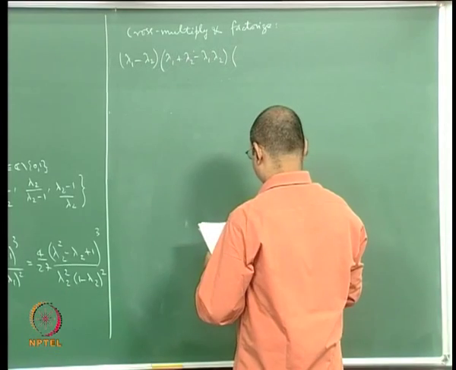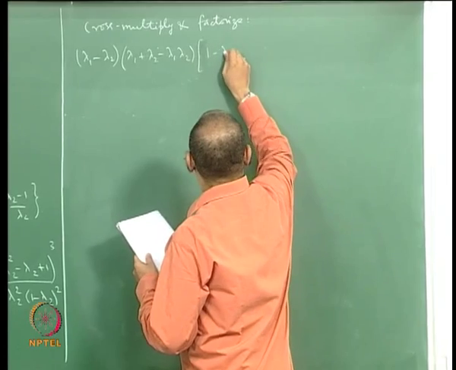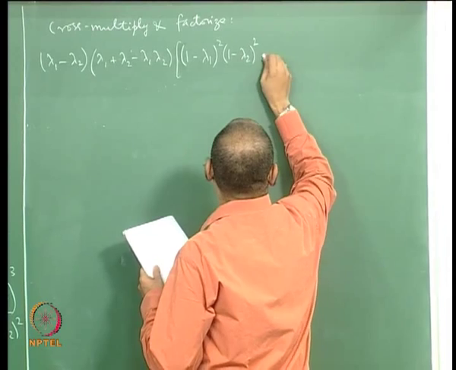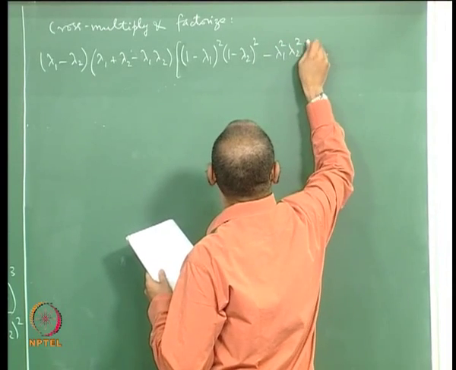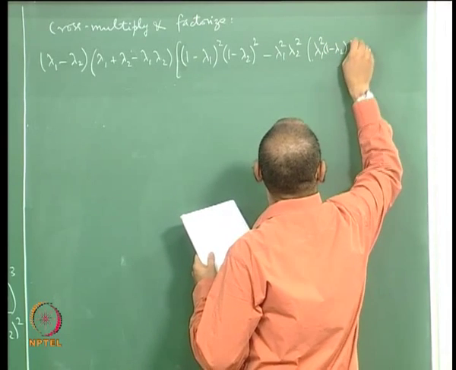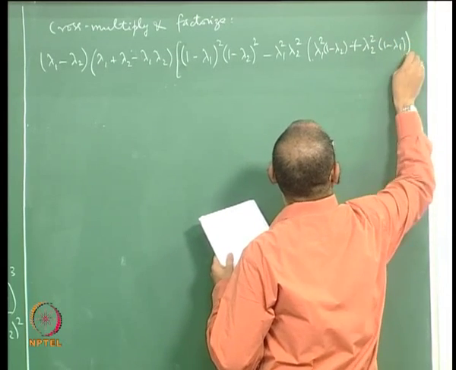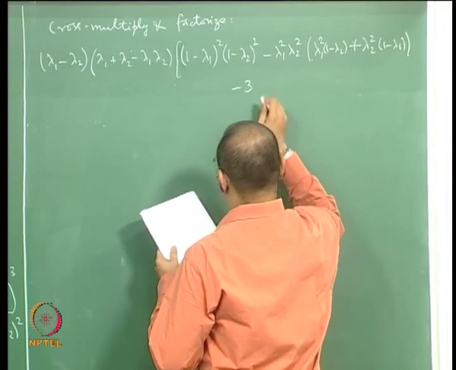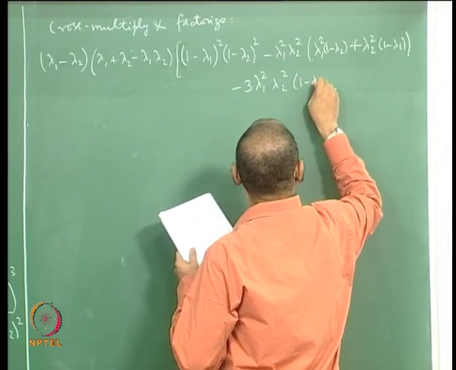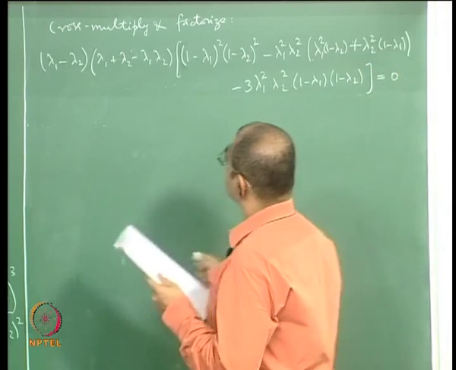It's 1 minus lambda 1 squared into 1 minus lambda 2 squared minus lambda 1 squared lambda 2 squared into lambda 1 squared into 1 minus lambda 2 plus lambda 2 squared into 1 minus lambda 1, minus 3 lambda 1 squared lambda 2 squared into 1 minus lambda 1 into 1 minus lambda 2 is equal to 0. This is the factorization you will get.